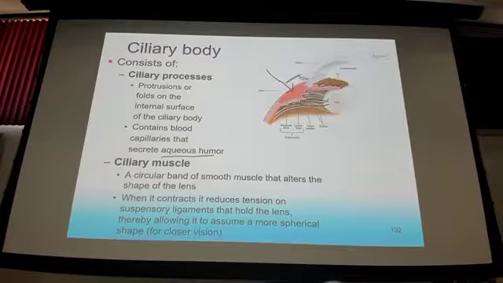I didn't really go into this: when you contract the ciliary muscle, it's actually going to reduce the tension on the suspensory ligaments and allow the lens to assume a more spherical shape. We'll talk about that under image. You have the ability to adjust the lens to focus in on things.